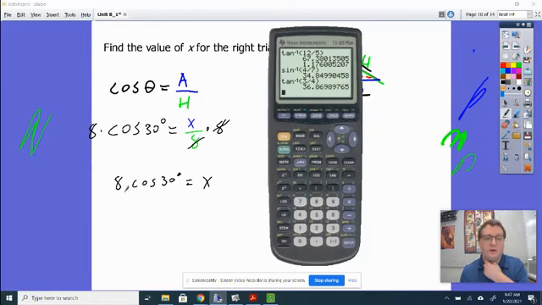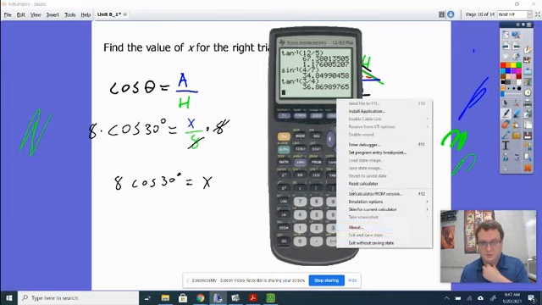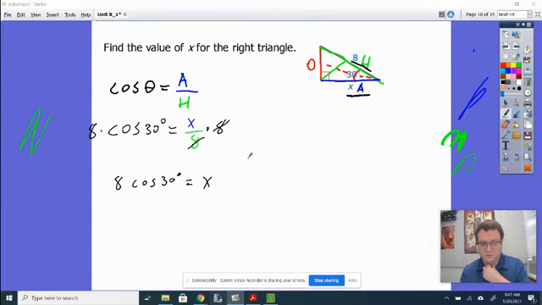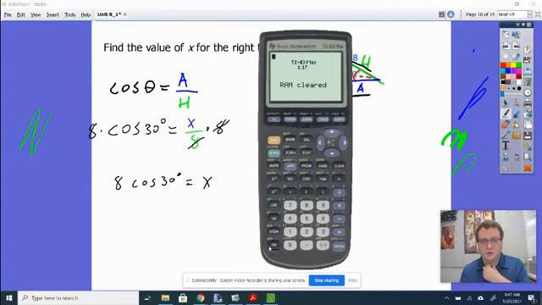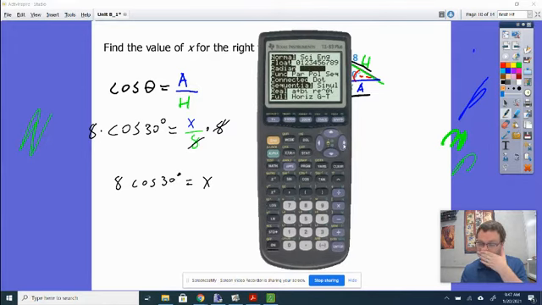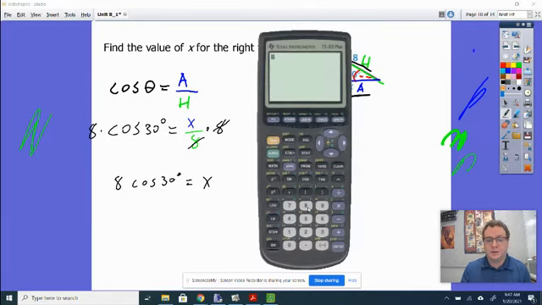So for this, first off, we're going to check our mode, make sure our mode's correct. It's not, because it resets on me. So make sure you're in degrees, otherwise it's going to give you the wrong answer. We're going to do 8 cosine, regular cosine this time because we're not trying to get rid of it, 30.